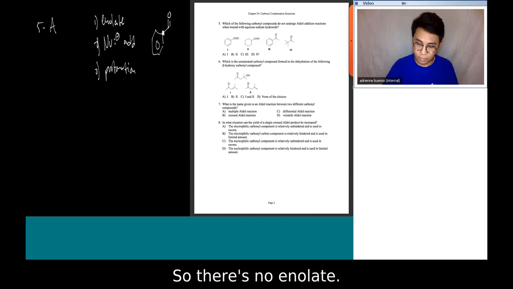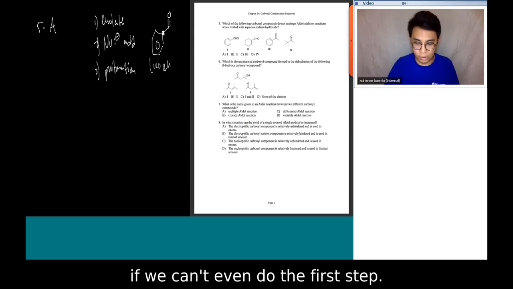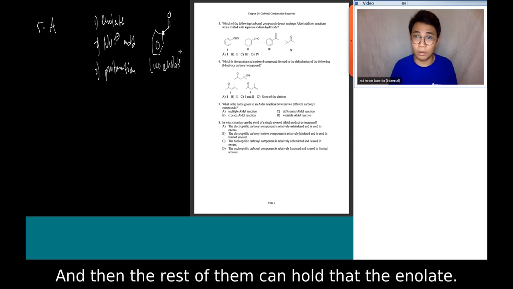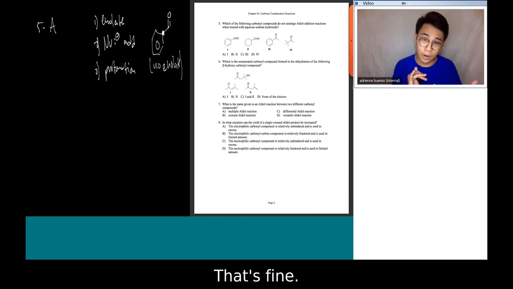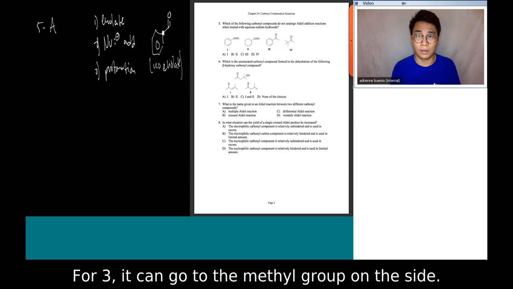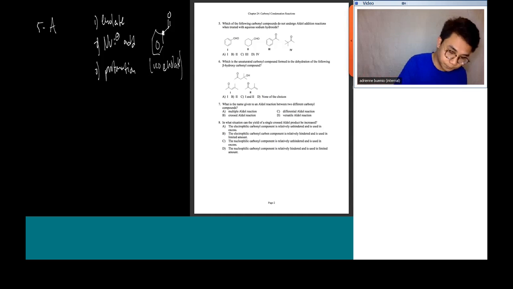So there's no enolate. So how are we going to proceed with the reaction if we can't even do the first step, right? The rest of them can hold the enolate. For 2, it's not aromatic, so it can go in that ring, so it's fine. For 3, it can go to the methyl group on the side. For 4, same thing on the methyl group on the side, right?